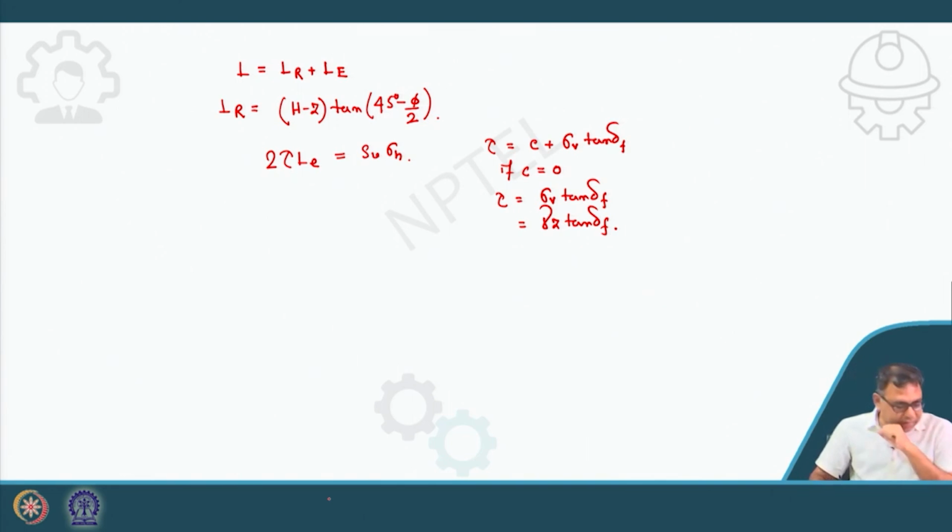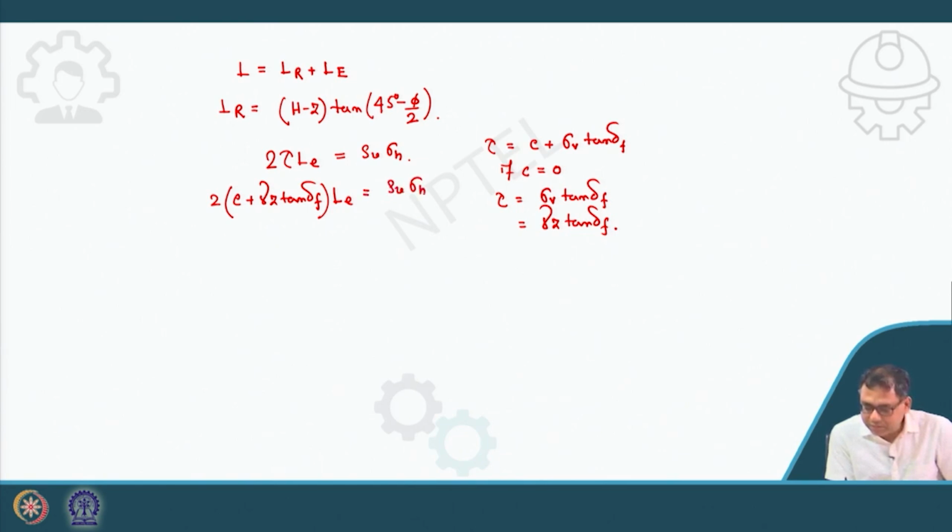So, I can write 2 into C plus gamma Z tan delta f, into LE, that is equal to SB into sigma h.